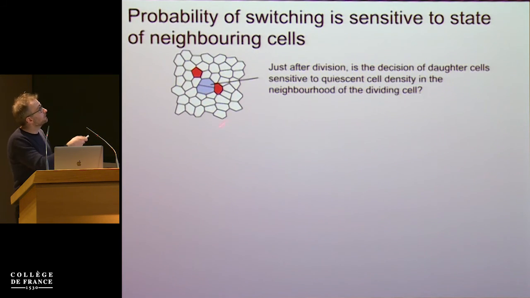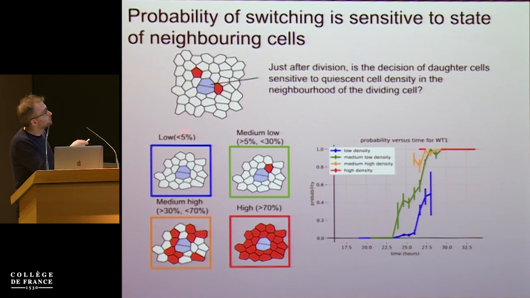But the interesting thing is then we thought, okay, is it possible that the neighborhood of a cell influences its choice? And so to do this, we do this quantification. For each dividing cell, we measure in the neighborhood how many quiescent cells there are. So there are 0, a lot, or intermediate densities. And then we plot the probability of these cells to become quiescent depending on this density.